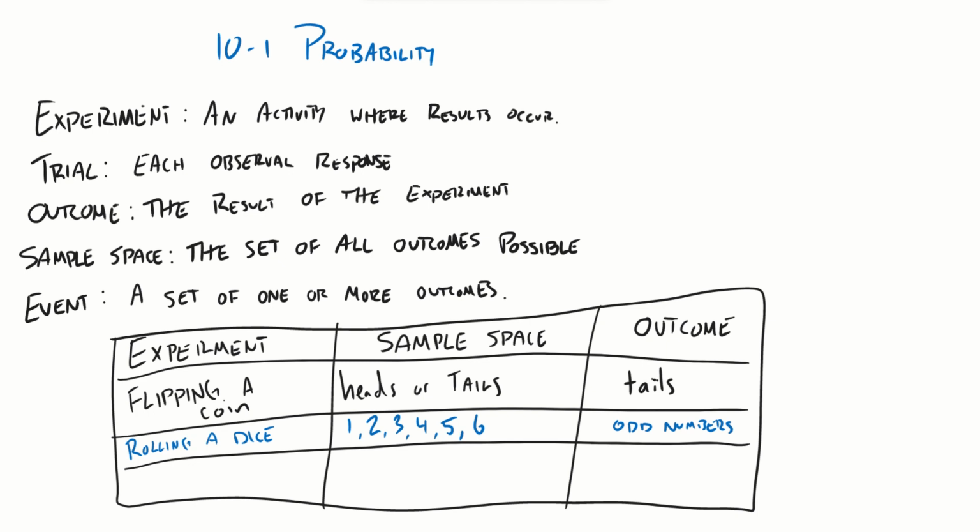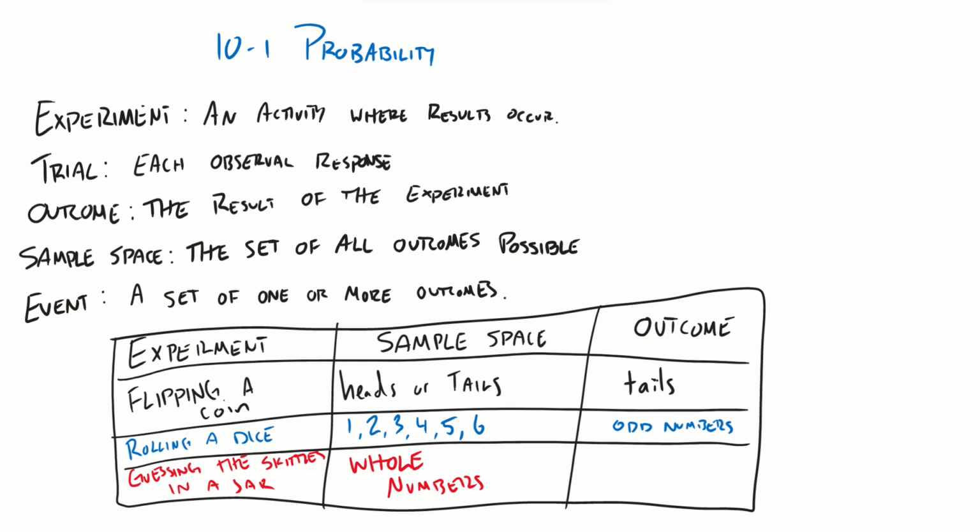And then a third experiment could be guessing the Skittles in a jar. And our sample space, all the things we could think of, we're just going to call whole numbers. I could guess any whole number accurately.